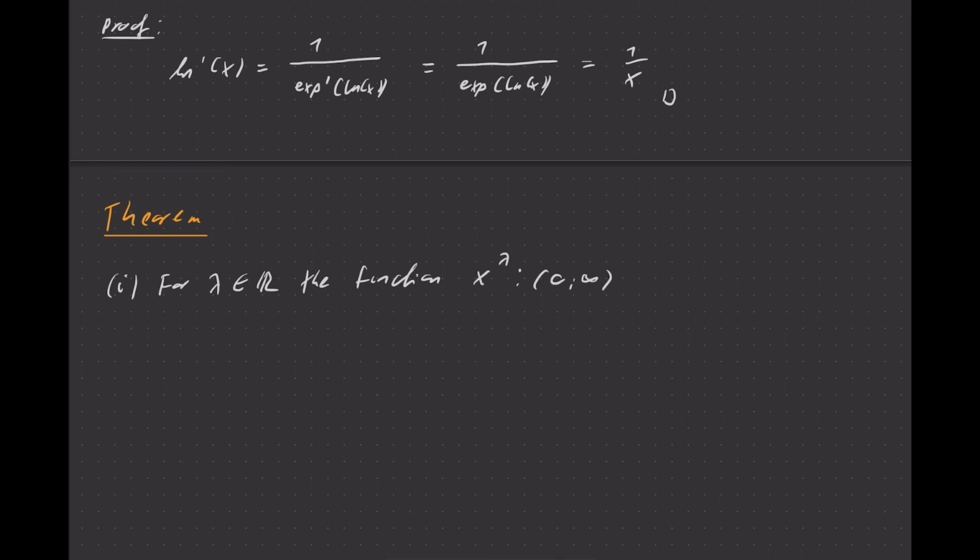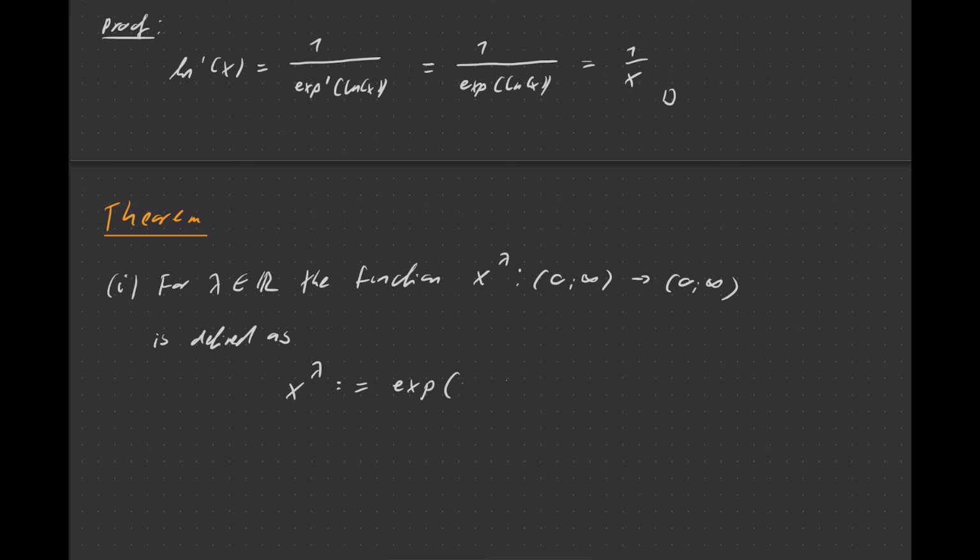Now this is a function defined on the interval from 0 to infinity and mapping to the interval from 0 to infinity, and is defined as: x to the power of lambda is simply the exponential function of the ln of x to lambda, using the laws of logarithms.